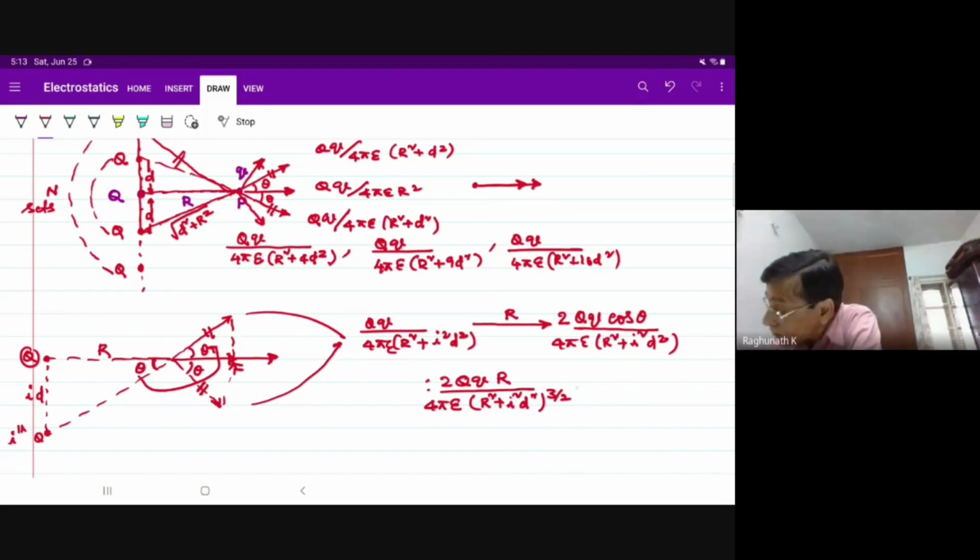Definitely this magnitude is along the horizontal line in this particular case. What is the total force F, which is purely horizontal?